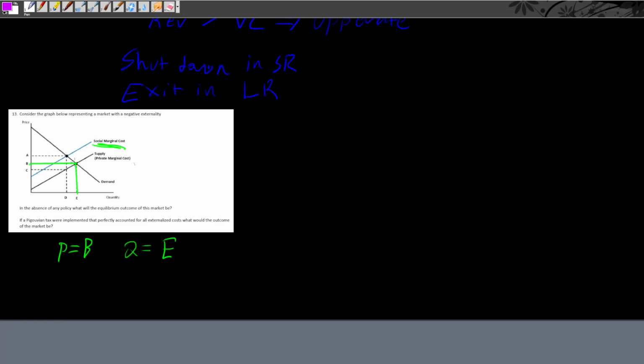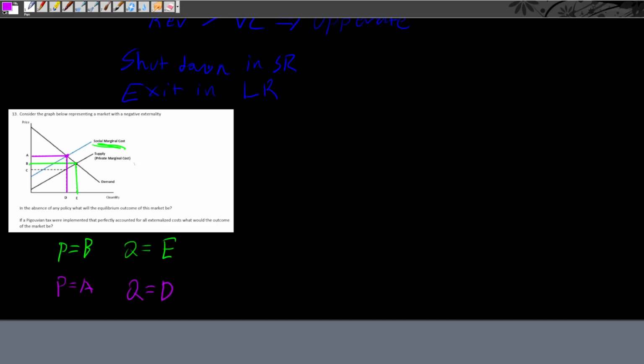And so instead of having an outcome where supply is equal to demand, we'll have an outcome where demand is equal to social marginal costs. And so under those circumstances, we end up with P is equal to A, and Q is equal to D.